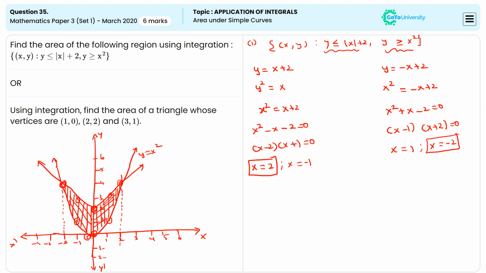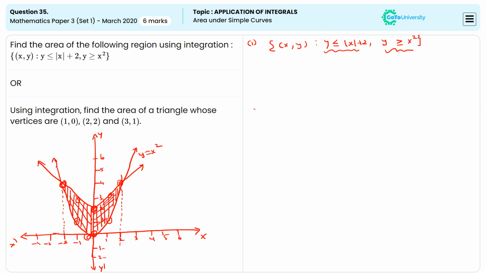Now we are going to find the area of this particular region using this intersection point. Let us find the required area, which is equal to 2 times the integration with limits from 0 to 2 of x plus 2 dx, minus the integration with limits from 0 to 2 of x squared dx.